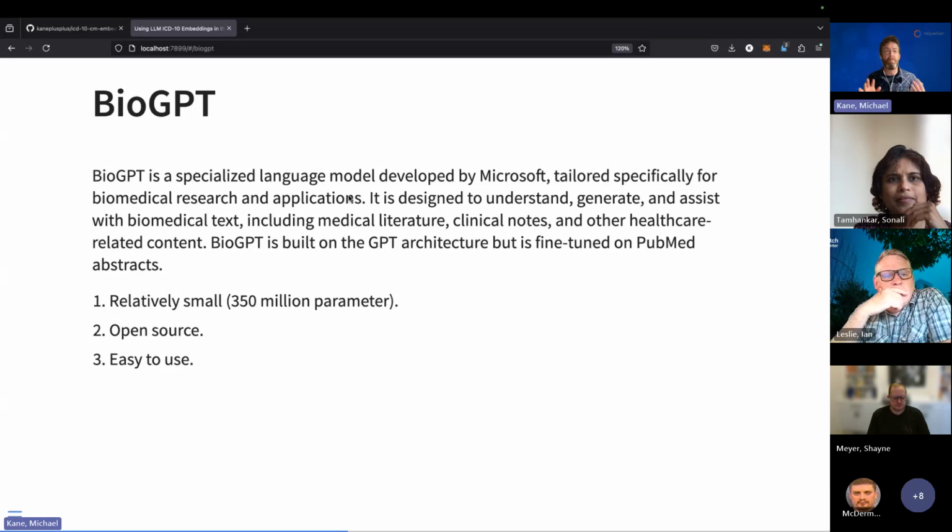The LLM model that we decided to use was BioGPT. This is an open source model developed by Microsoft, tailored specifically for biomedical research and applications. It was fine-tuned on PubMed abstracts. After the initial training for understanding at the time, that training was basically, you would take, for example, a paragraph, give the first sentence as input, and it would try to estimate the next sentence.